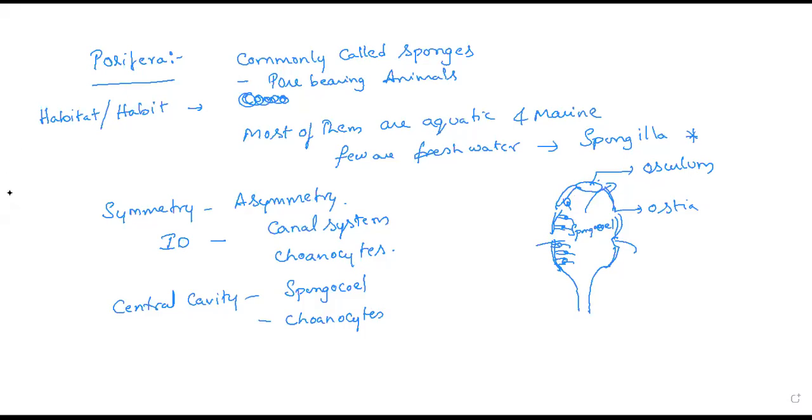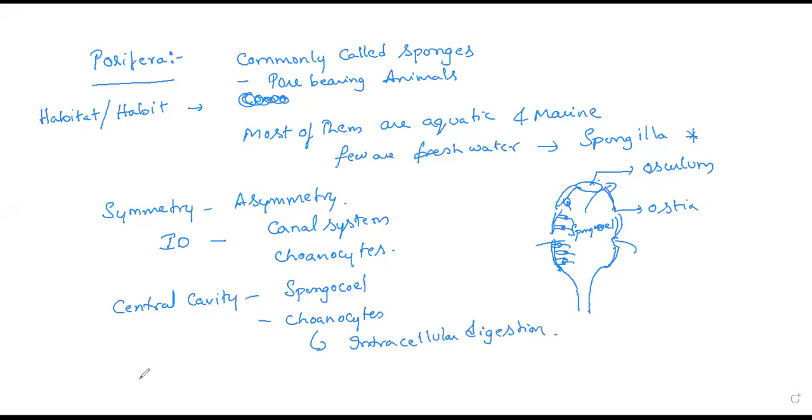Choanocytes are special collar-like cells, and they line the spongocoel and other canals. Choanocytes are useful in intracellular digestion. Very important point.